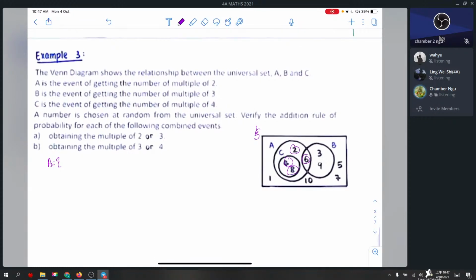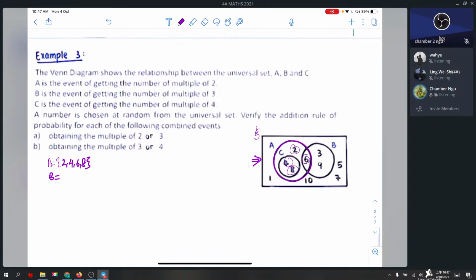Because the set A is in this circle, kan? So if I list down the element 2, 4, 6, 8, okay. If I want to represent it in writing now, otherwise no need also can. You can see very clearly in the Venn diagram.